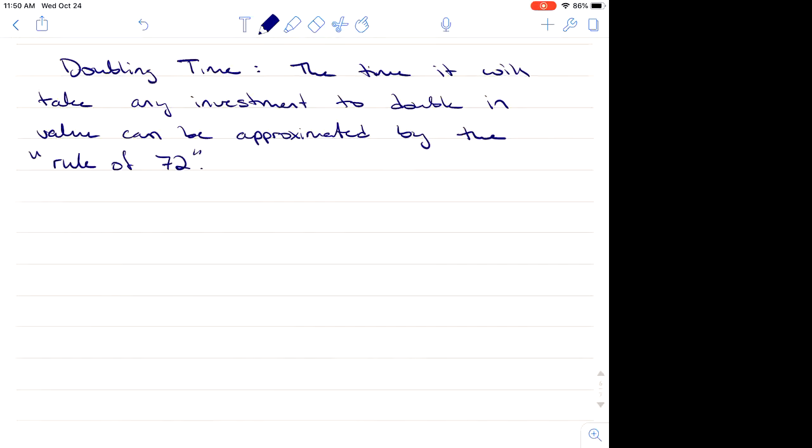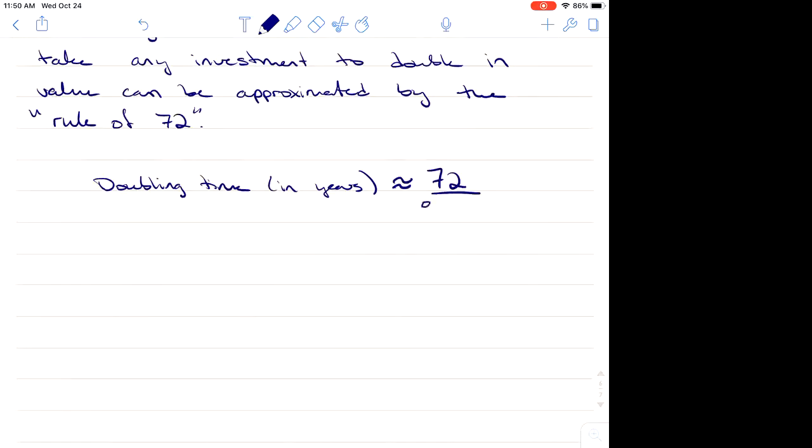Which says that the doubling time in years is roughly equal to 72 divided by the percent annual rate.